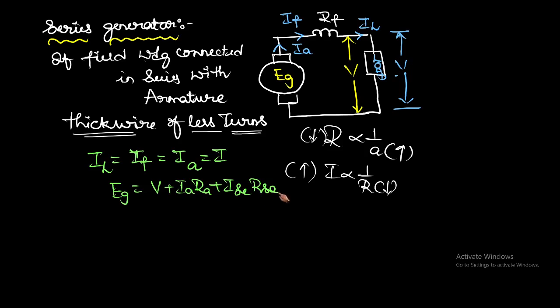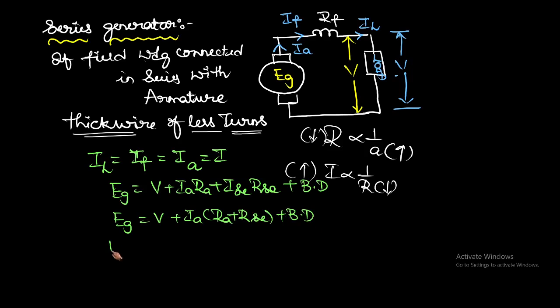I cannot neglect the series field winding because its resistance is low, so the current will be high, the drop will also be high, and there will be a brush drop. So EG equals V plus IA into (RA plus RSE) plus brush drop.